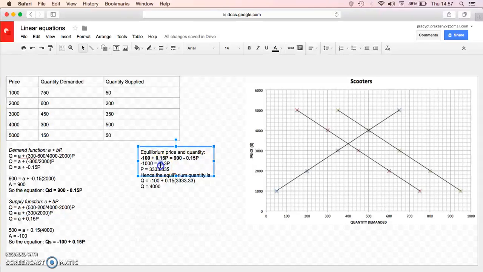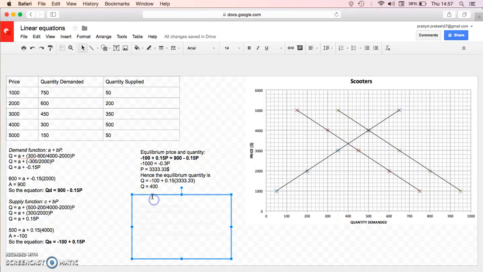Then we simply substitute this price value into either of the two equations to figure out the equilibrium quantity. I used the supply equation, and when you calculate this out, we find that the equilibrium quantity is 400, which makes sense because we can see right here that the equilibrium quantity is just at the 400 line perfectly.